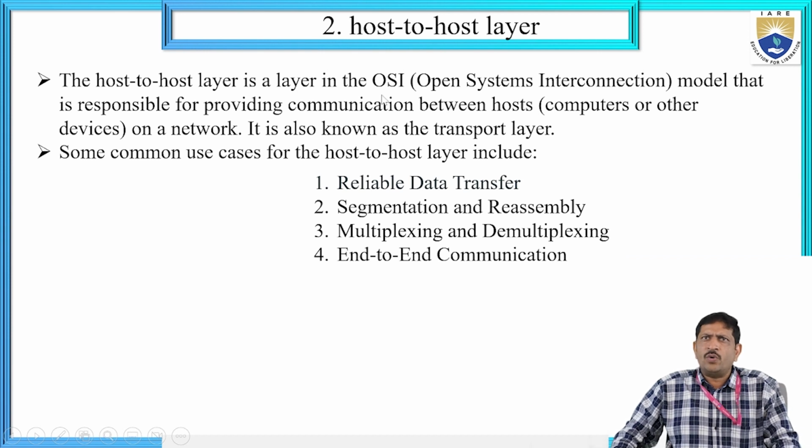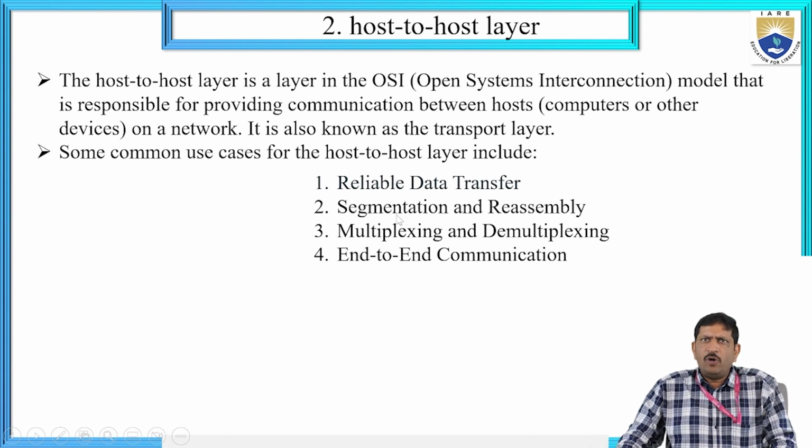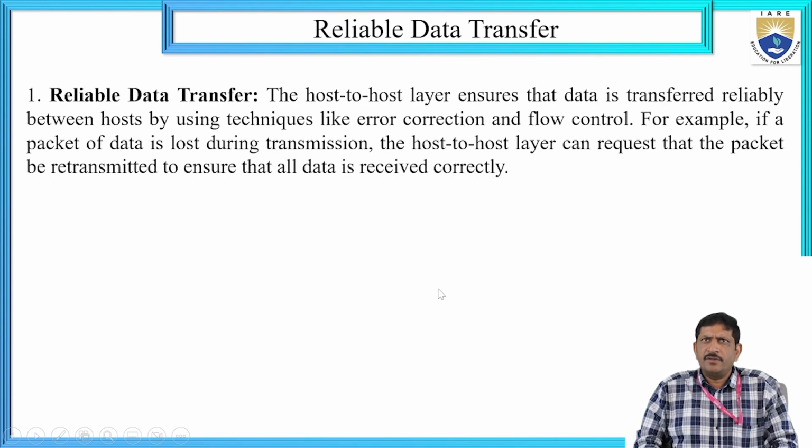It is also known as the transport layer. Some common use cases for the host to host layer are reliable computer to computer communication: reliable data transfer, segmentation and reassembly, multiplexing and demultiplexing, and end to end communication.